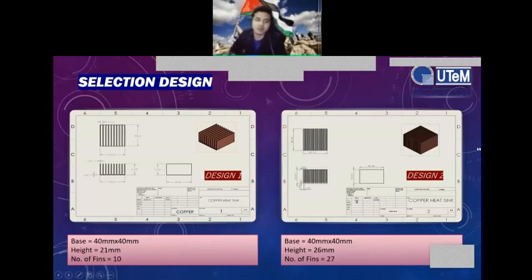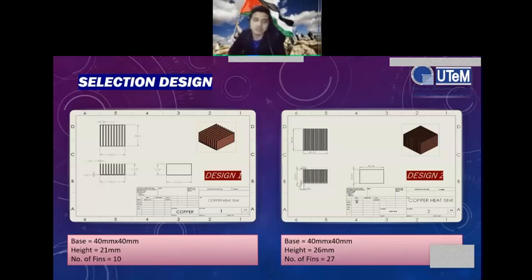For the next slide, selection design. Here we have two designs, design 1 and design 2. Design 1 has a base of 40 times 40 millimeter and a height of 21 millimeter. The number of fins is 10.